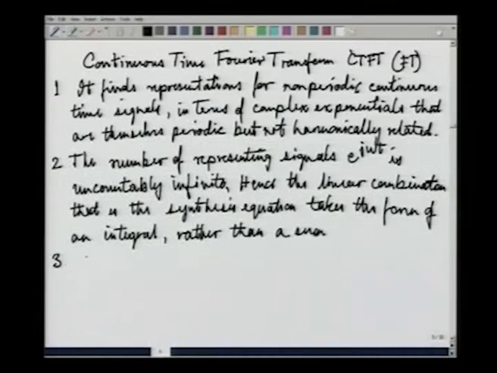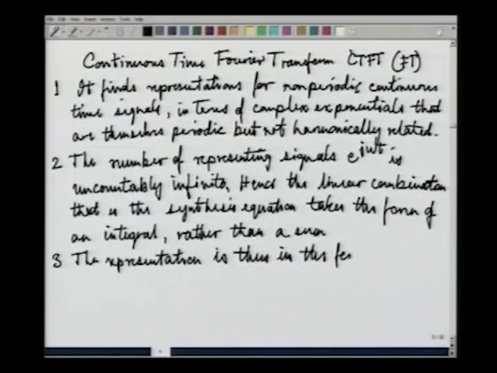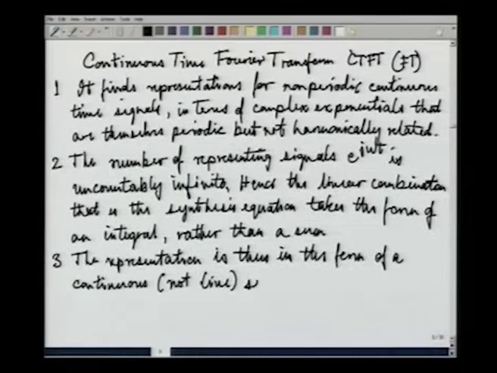The representation is thus in the form of a continuous spectrum, not a line spectrum.